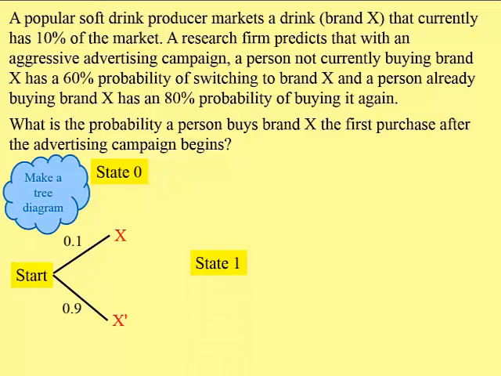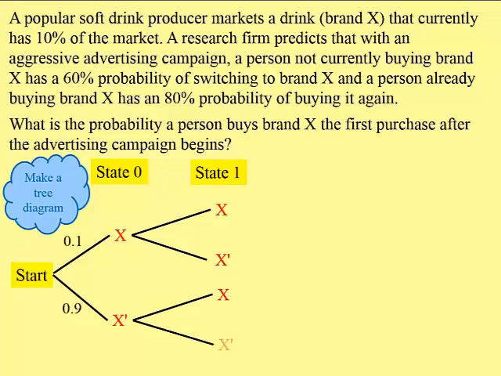And then we do our advertising campaign. And here's what happens. After the advertising campaign, there are some people who still drink brand X and some people who don't. And there's some people who switch to brand X. And of course there's some that still drink the other brands. We're told the probability that a person buying brand X stays with brand X is 80%.